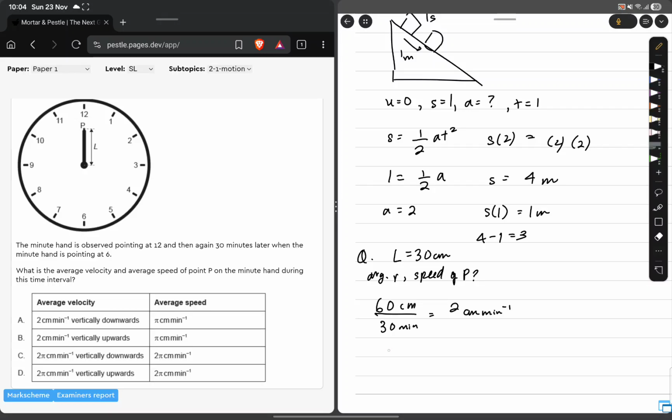So we're going to get L times pi, which is 30 pi, and since that's the distance over 30 minutes, it's moving at pi centimeters per minute, which corresponds to option A.